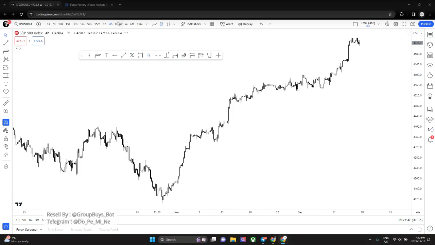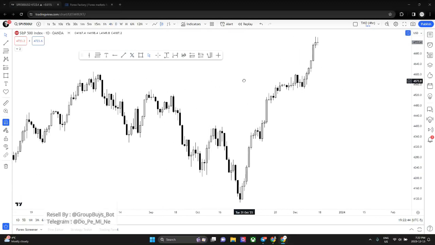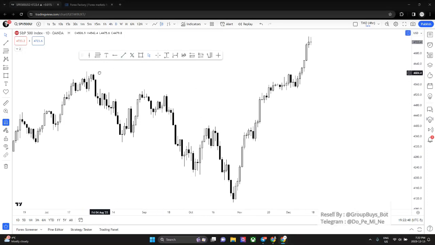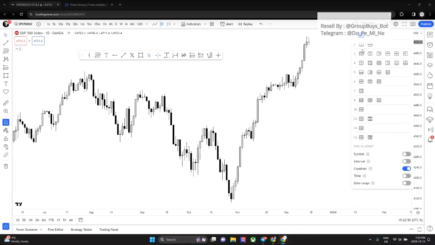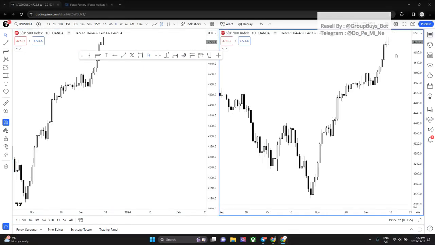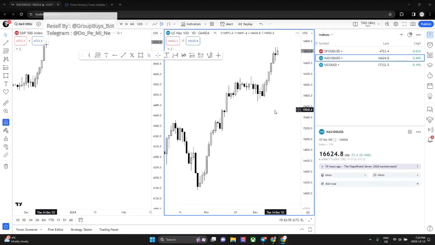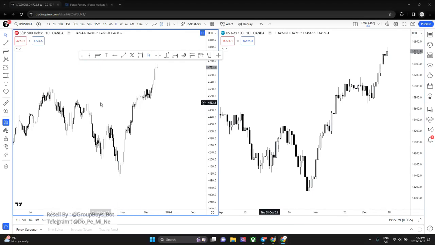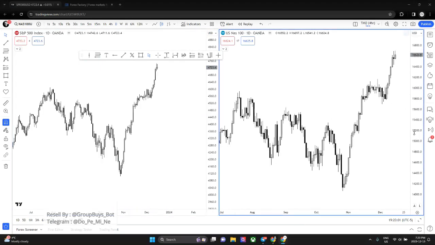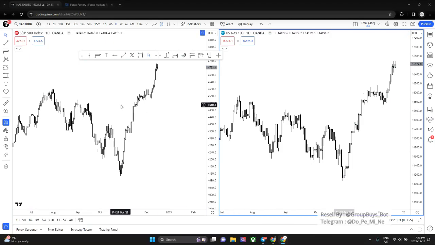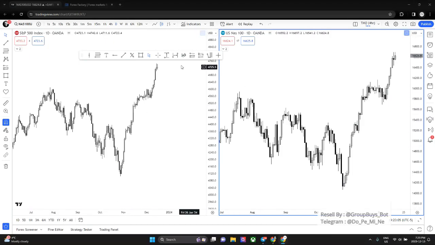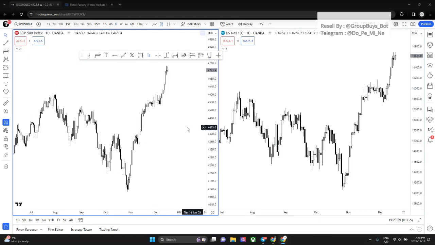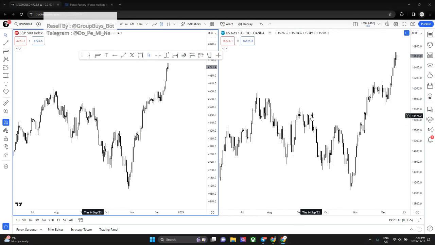I'll give you an idea of what we'll be looking at. As you can see right here, hold on, let me get the NASDAQ as well. This is something basic, but ICT teaches this late in his premium course, and this is one of the most important things that you must learn.